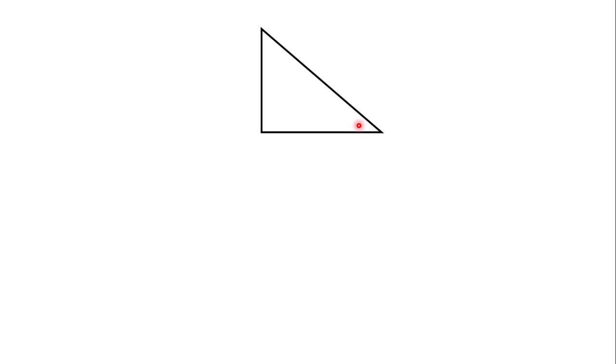So let me draw my angle. The angle here is theta. So now that theta is here, what is going to be here and then here? But mind you, whatever you put here, this side is the opposite, this side is the adjacent, and this side which is facing the right angle is the hypotenuse.